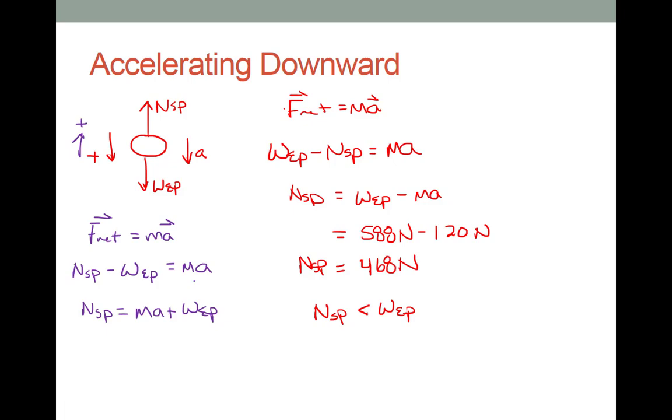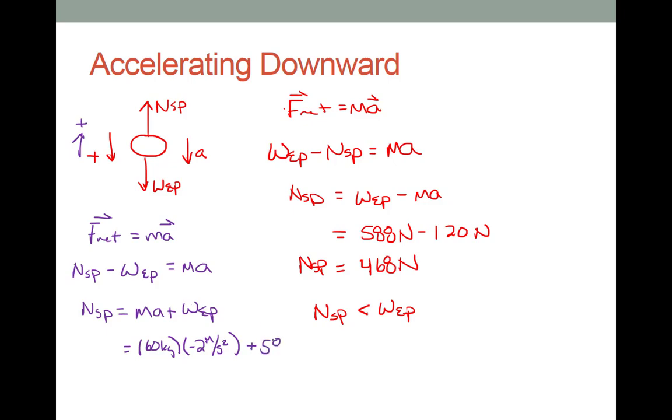And now you're going to look at me and say, but Dr. Murphy, that's not the same equation you just found a moment ago. Okay, sure. But when I plug in numbers, the mass is 60 kilograms, and the acceleration isn't positive 2, it's negative 2, because up is positive, my acceleration is downward.